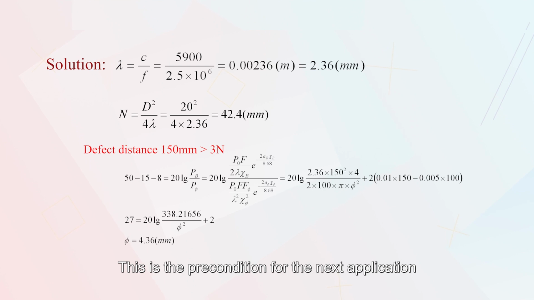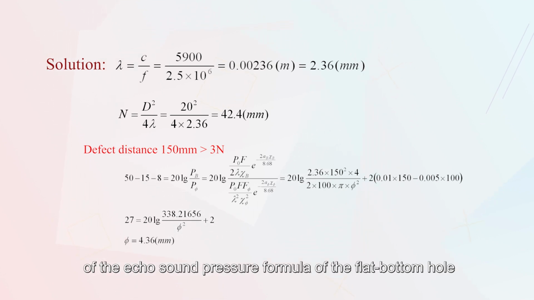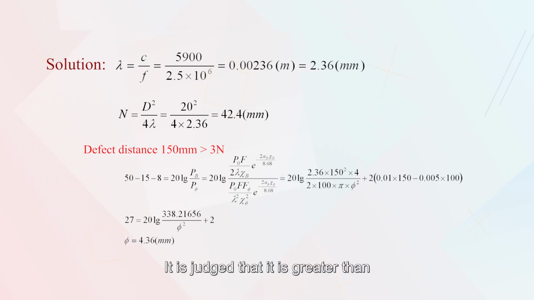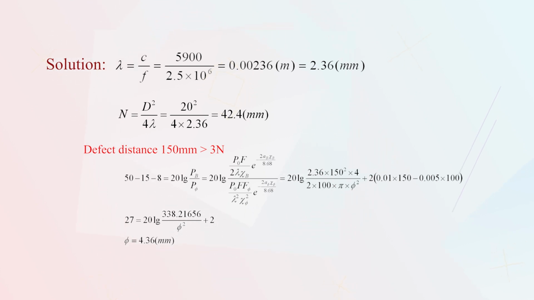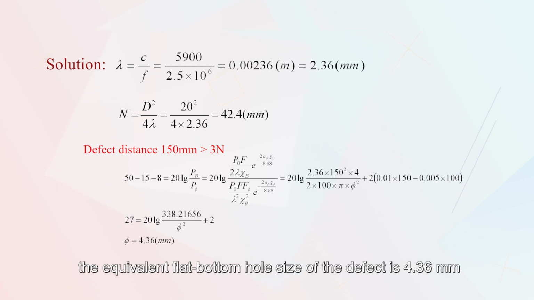This is the precondition for the next application of the echo sound pressure formula of the flat bottom hole. It is judged that it is greater than 3 times the length of the near field region. Therefore, the echo sound pressure formula of the flat bottom hole can be listed for calculation. Finally, the equivalent flat bottom hole size of the defect is 4.36 mm.